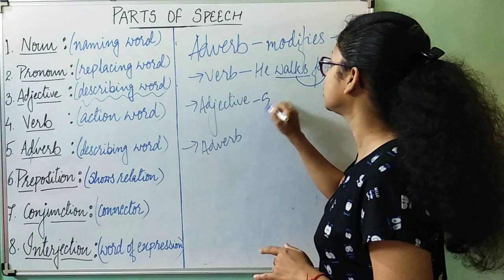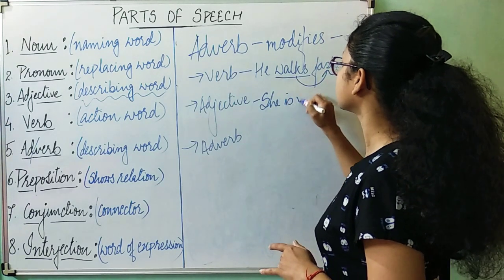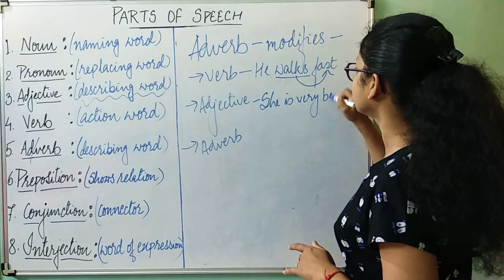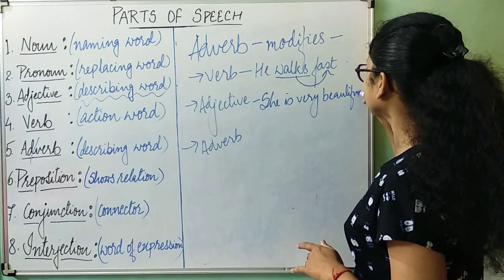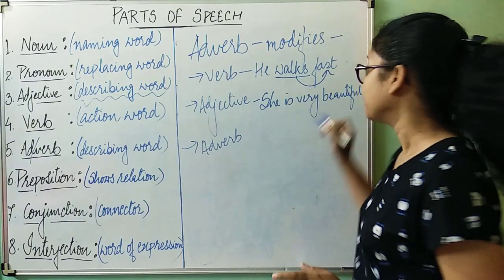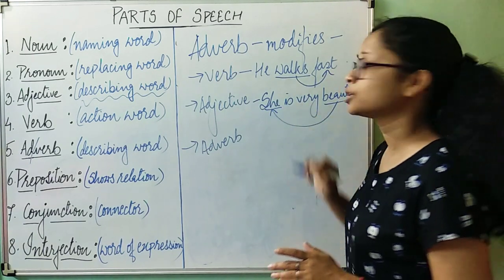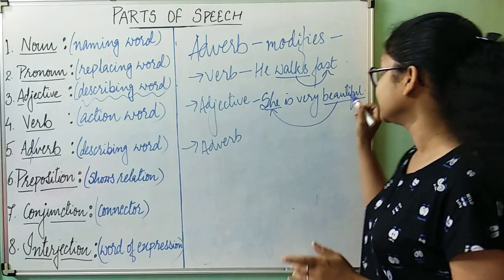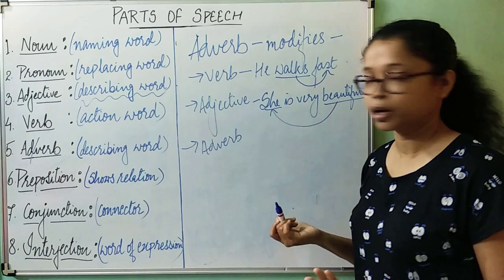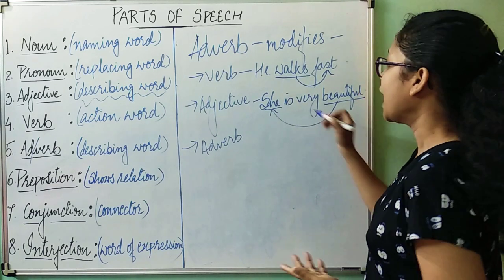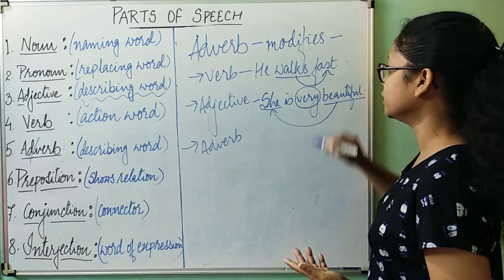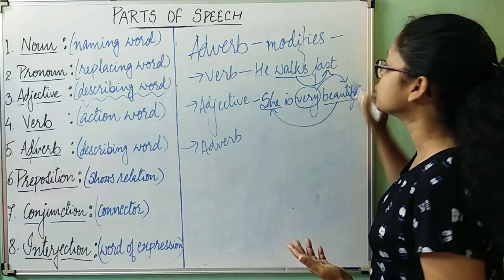Now next, she is very beautiful. See, beautiful here is a word that is telling us something more about the subject, so basically that is an adjective. And very is the word that is telling us something more about beautiful.